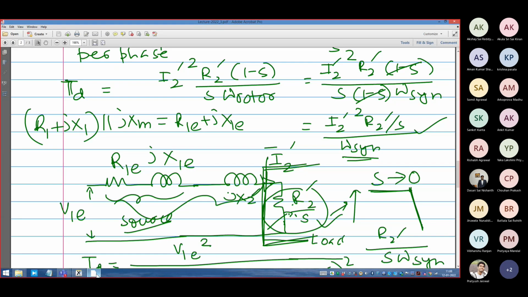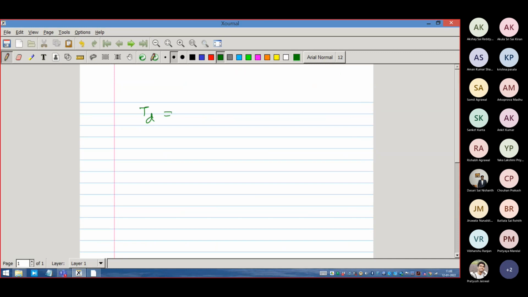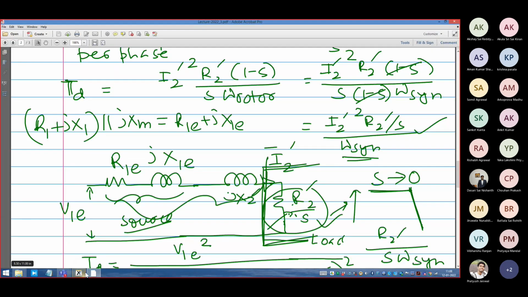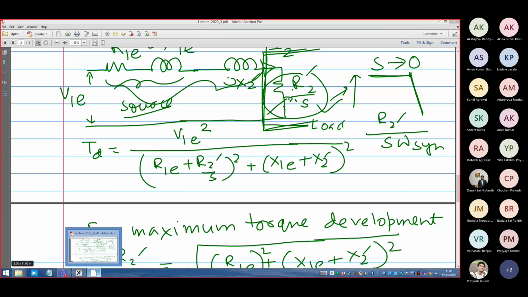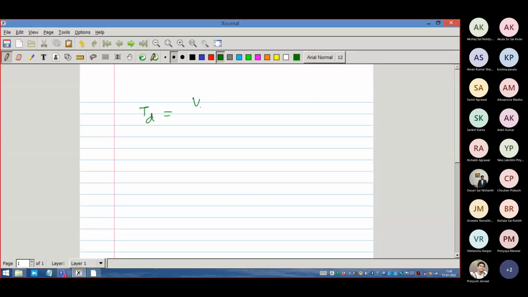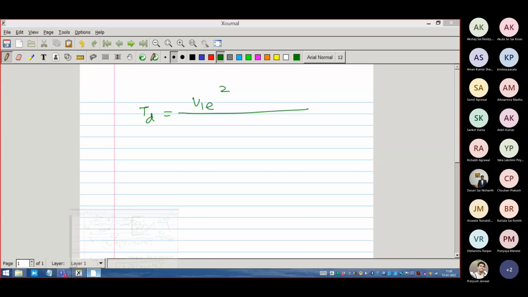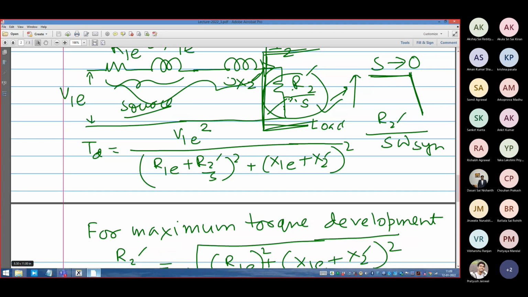TD is equal to V1 square divided by the current.